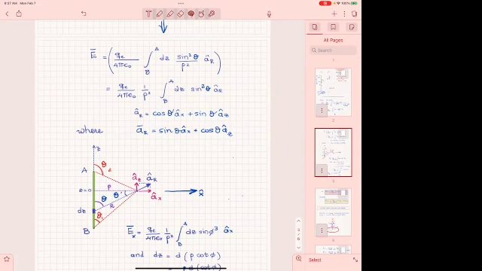And this is going to come out of these rectangular triangles. So a sub r is going to have two components. One is going to be along the x direction, and it's going to be cosine of theta prime, which is equal because of the rectangular triangle. Cosine of theta prime is equal to sine of theta. So instead of cosine of theta prime here, I go to sine of theta.